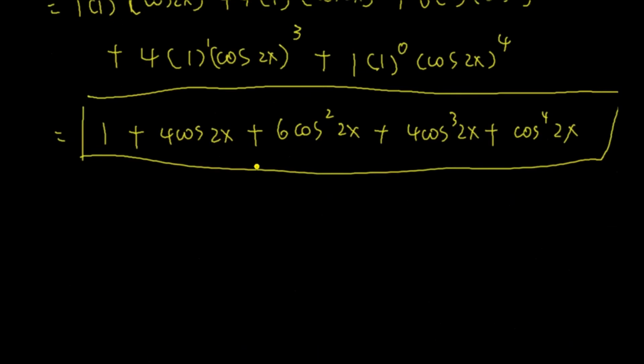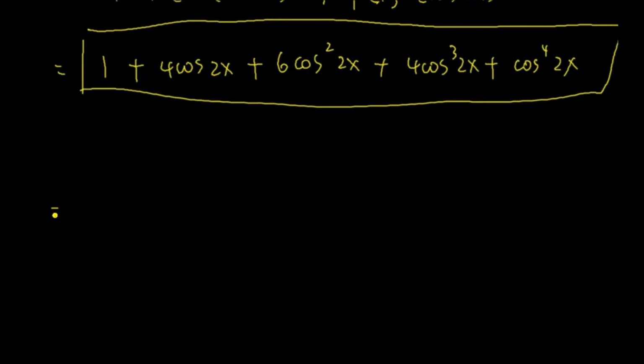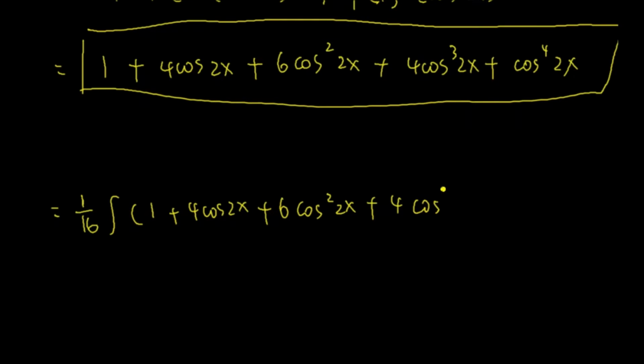So let's come back here. That's equal to 1 over 16 integral of 1 plus 4 cosine 2x plus 6 cosine squared 2x plus 4 cosine cubed 2x plus cosine to the 4th 2x dx. I'm going to distribute the integral sign and the dx to each term.